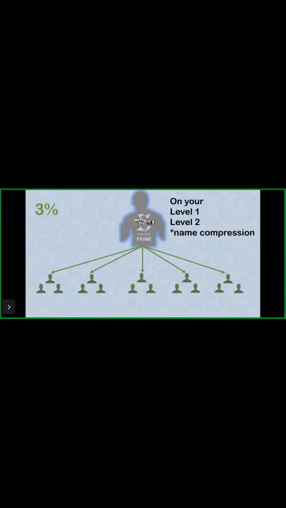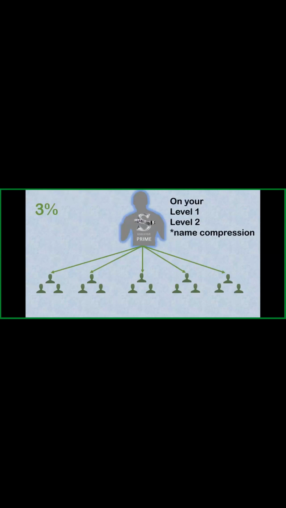That is what I was trying to explain. Now, if you are a silver executive prime, with same name compression the system counts all the accounts a person has as one person. You can have account 7, 31, it doesn't care, you are still one person in the system. So that's a silver executive prime.